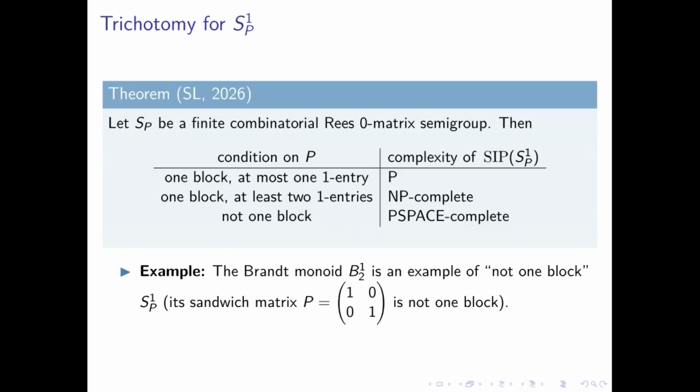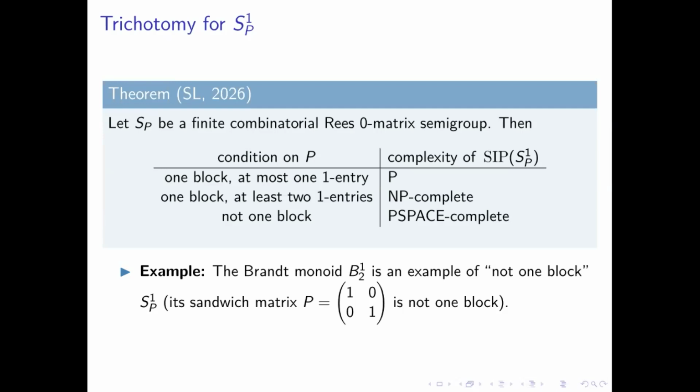And now we have another result. Let S sub P be a finite combinatorial Rees zero matrix semigroup. Then we have a trichotomy for SIP of S sub P to the 1.